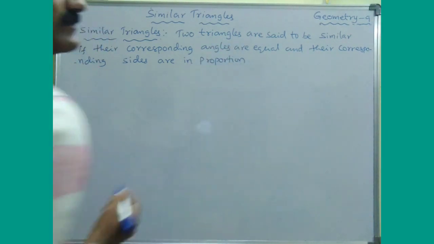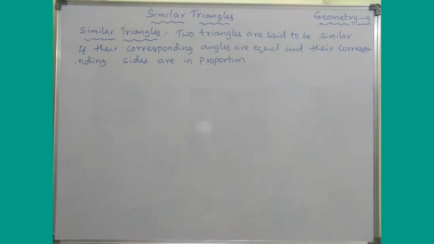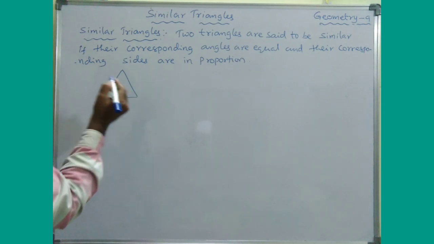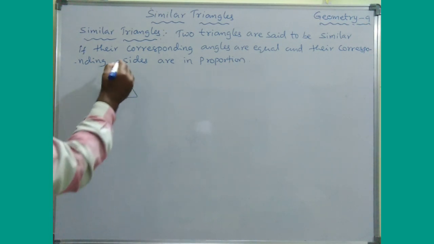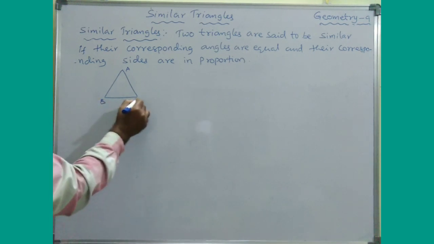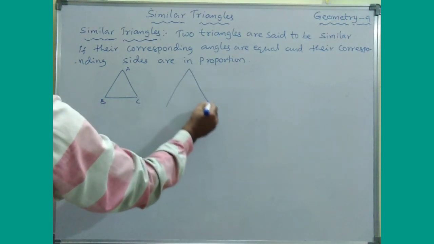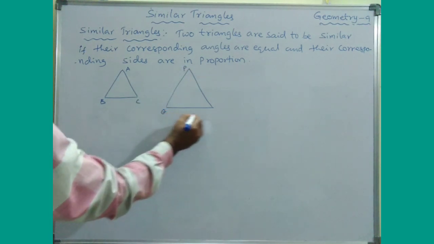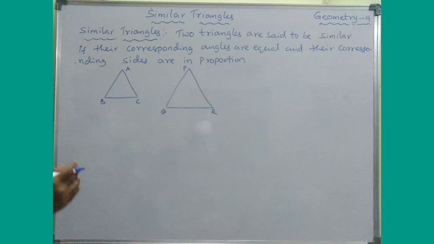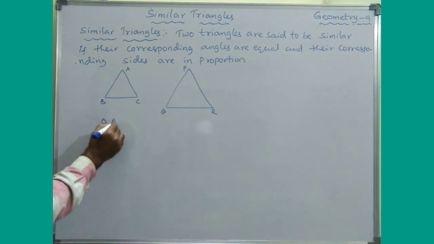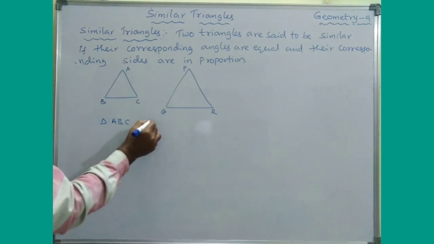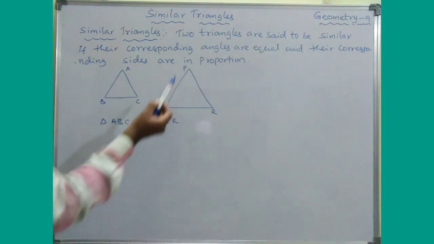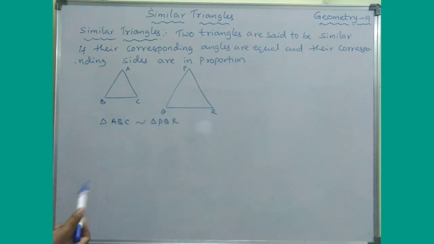We discussed already, isn't it? So for example, let it be a triangle ABC and let it be the triangle PQR. So triangle ABC is similar to triangle PQR when corresponding angles must be equal.